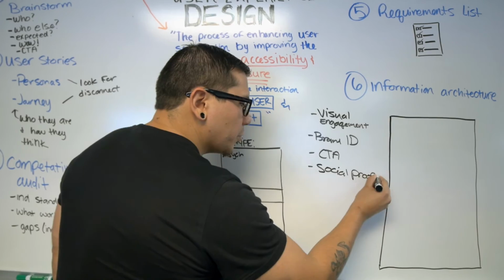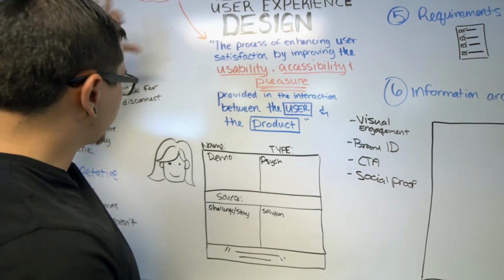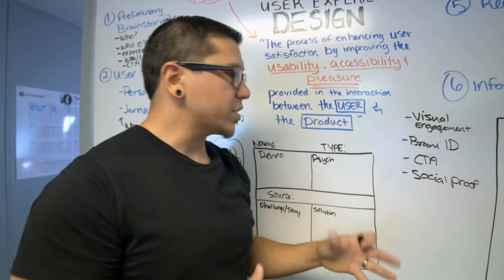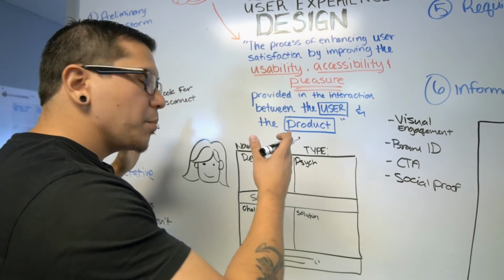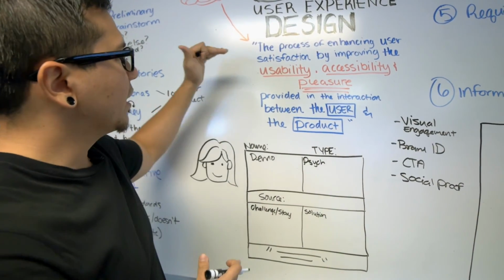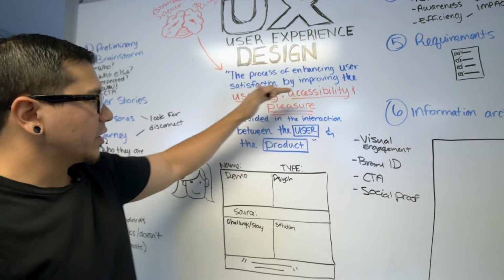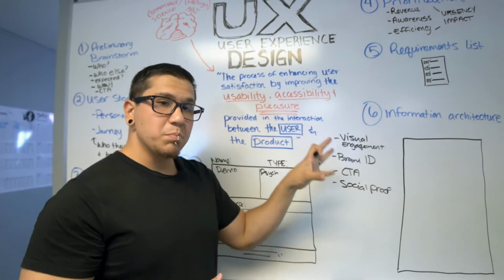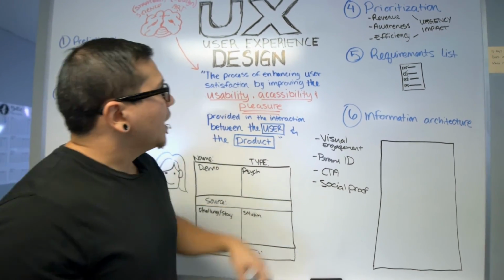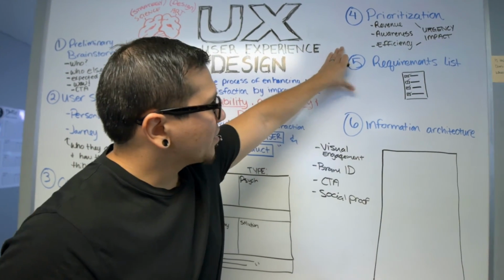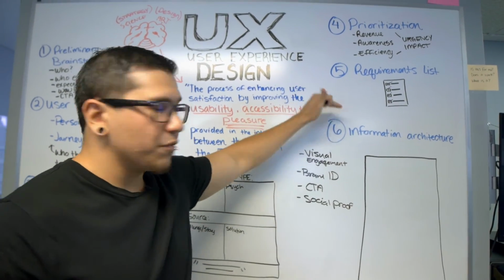We just continue to build out this requirements list based off of everything we've discussed in this discovery session to figure out how we can best cater to Sally by increasing the satisfaction, usability, accessibility, and pleasure of her experience when interacting with our brand. And so that's building out the requirements list, and this helps us dictate our information architecture.